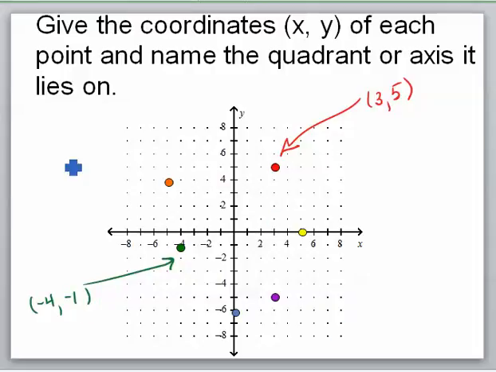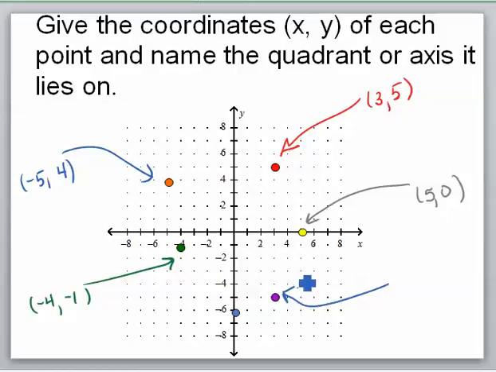The next point I'll look at is the orange one. So it's going out 1, 2, 3, 4, 5, -5 on the x. On the y I'm going up 1, 2, 3, 4, 4 on the y. The next point let's look at is the yellow point. This one I'm going on the x, 5, and I didn't travel anywhere up or down, so that's a 0.